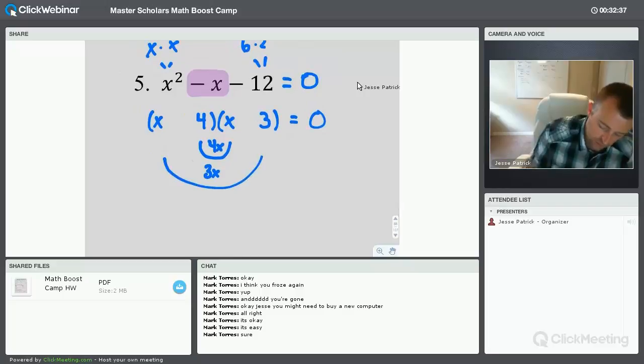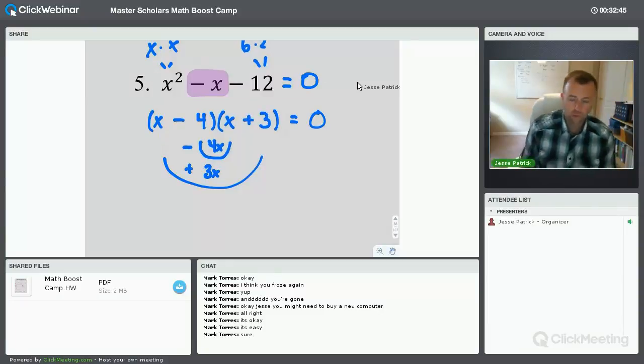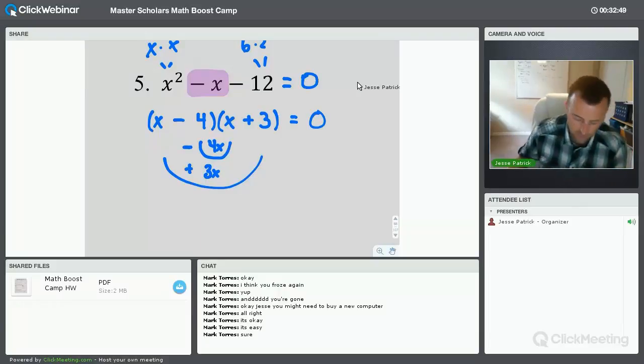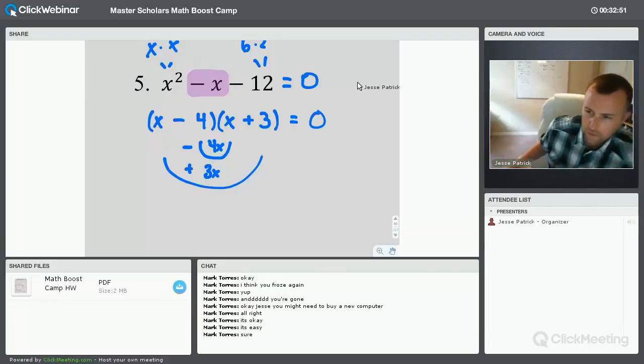To get a -1x, this 4 would have to be negative and this 3 would have to be positive. So this is a -4 and a +3. Call it the rainbow method. It looks like a little upside down rainbow or a tire or whatever you want to call it. That's how I do my factors. It's the same thing as anyone else does, just a different way of writing it.